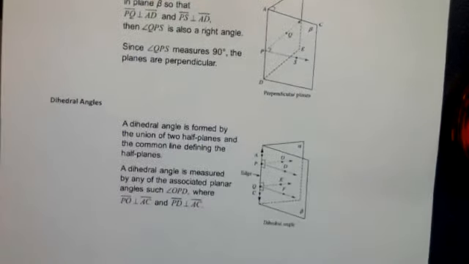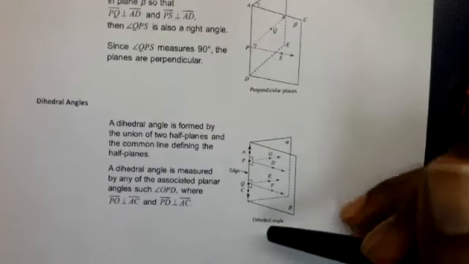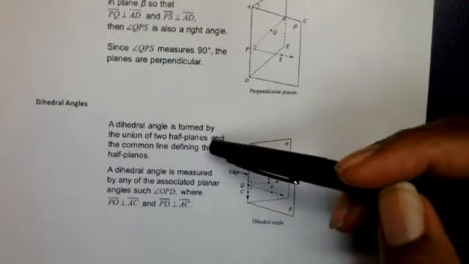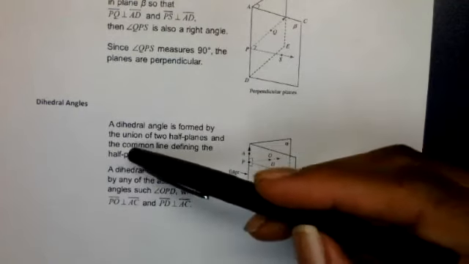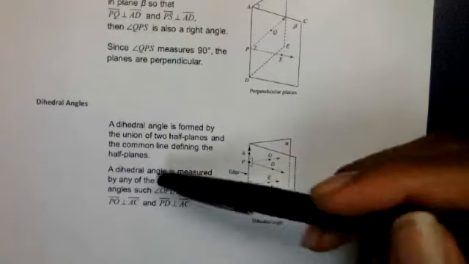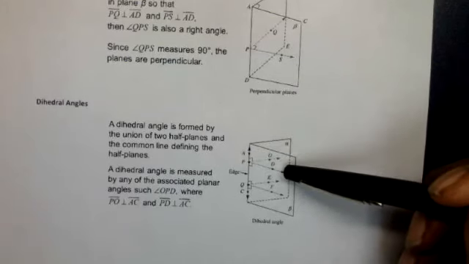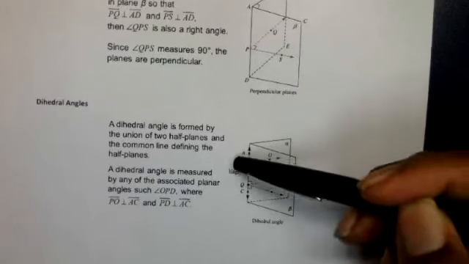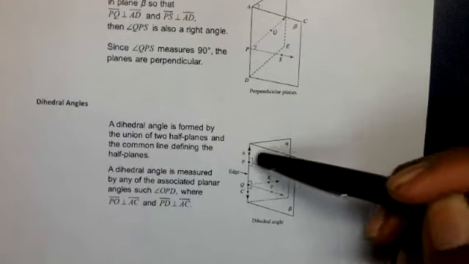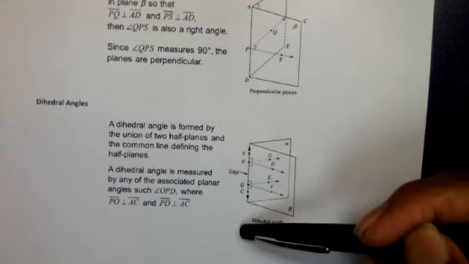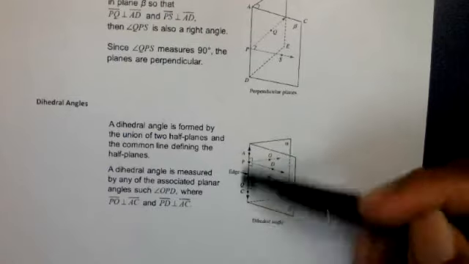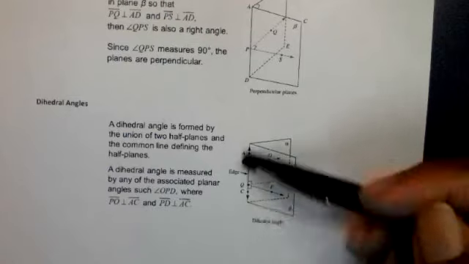And then this last thing we'll talk about is the dihedral angle that is formed by the union of two half planes and the common line defining the half planes. So here, dihedral angle is measured by any of the associated planar angles, such as angle OPD, which is this angle right here that I'm showing, where line segment PO is perpendicular to AC, and line segment PD is perpendicular to line segment AC.